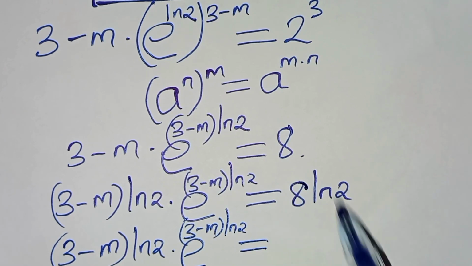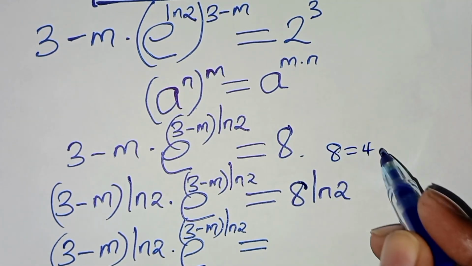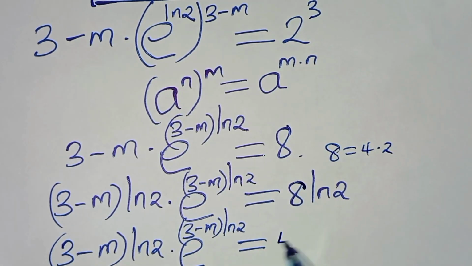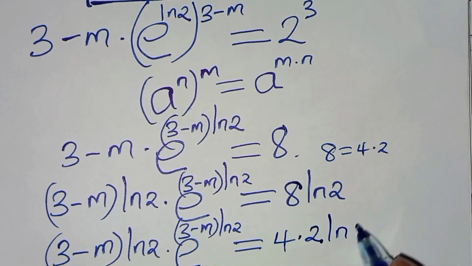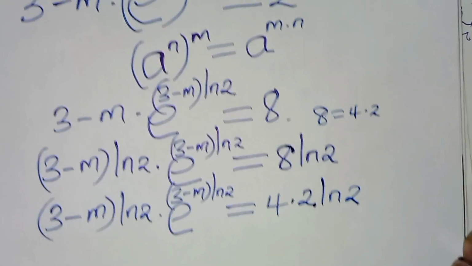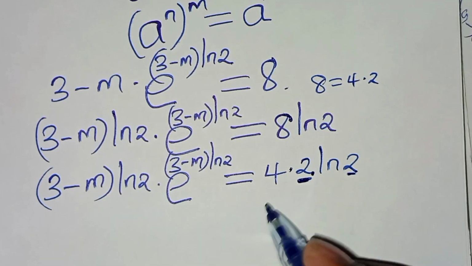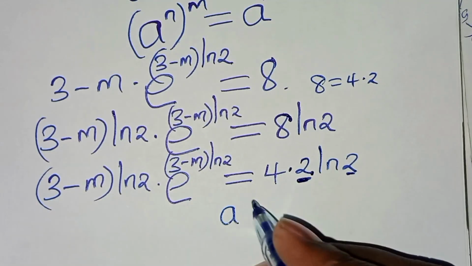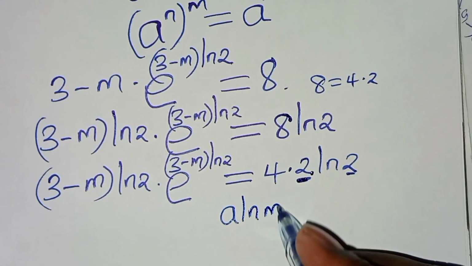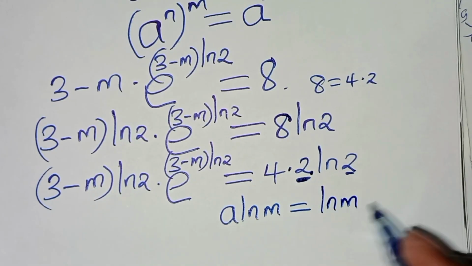Now we can express 8 as 4 times 2. So this is the same thing as 4 multiplying by 2 natural log of 2. But now this 2 is the power here. Now if you have a natural log of m, this can be expressed as natural log of m to the power a.